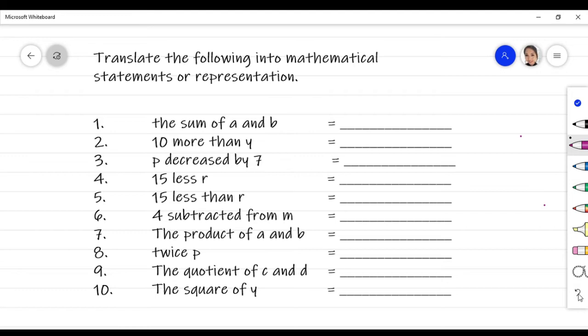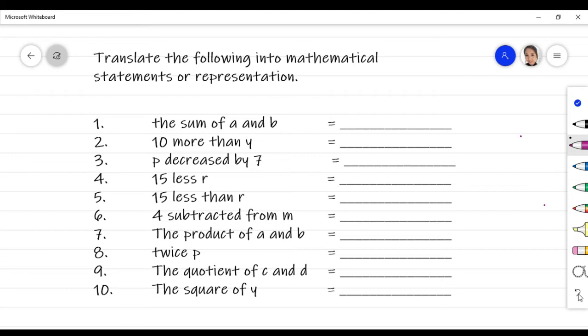Now for multiplied, product are verbal phrases for multiplication, while quotient, divided by are for division. Now for the exponent, we have the square, the cubed of, which are actually words for exponents.